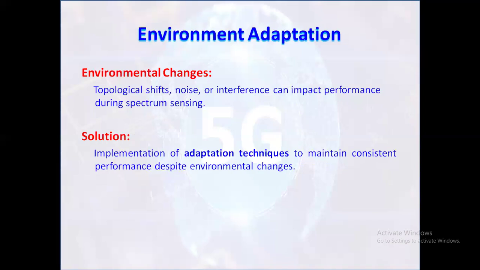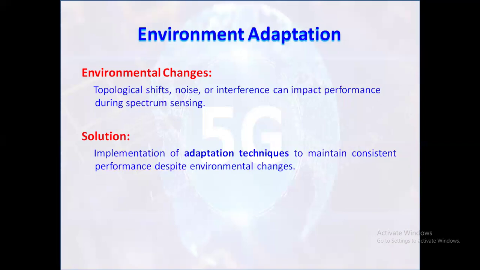Next, environment adaptation. In a dynamic environment, a cognitive radio system may encounter various changes such as topological shifts, noise, or interference that can impact its ability to sense and use available spectrum. These changes may cause degradation in performance if not addressed effectively. For example, if the environment becomes more congested or interference increases, the system's initial spectrum sensing and allocation may no longer be effective.